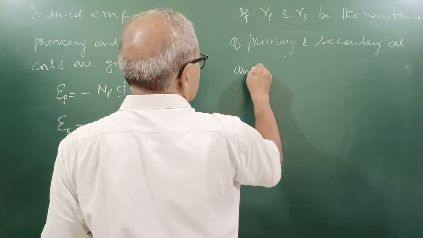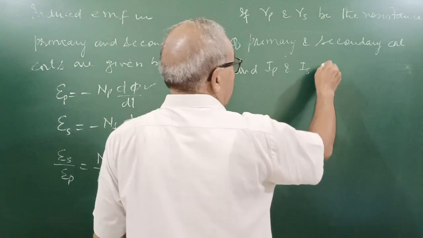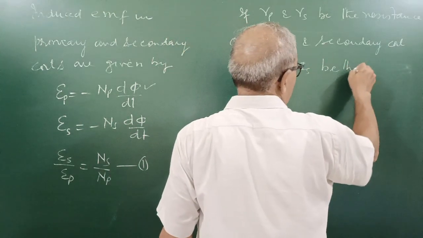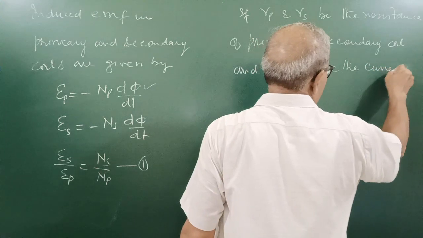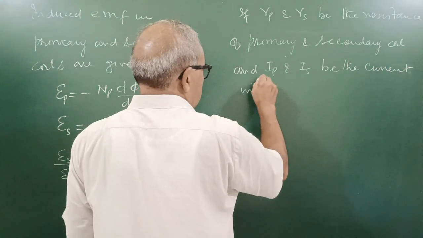And let IP and IS be the currents in the two coils.